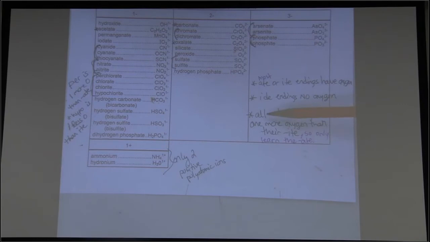And then the other really important one is all ate endings have one more oxygen than their ite. So only learn the ate.